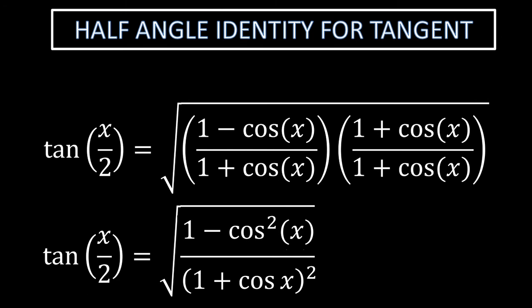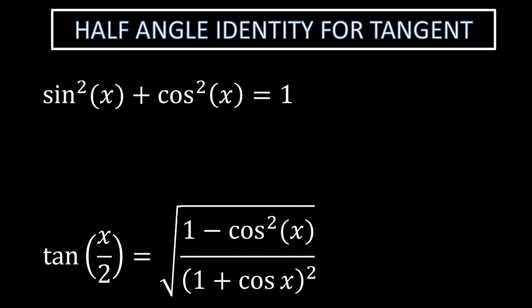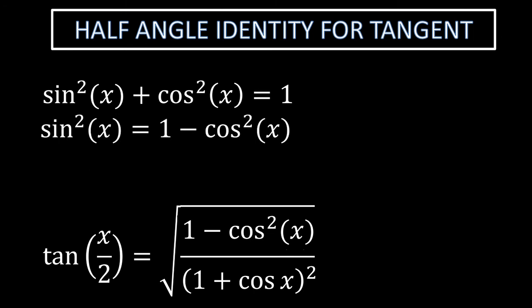And then, from the Pythagorean identities again, sine squared x plus cosine squared x is equal to 1, so sine squared x is 1 minus cosine squared x. I replace that in the numerator, and the numerator becomes sine squared x.